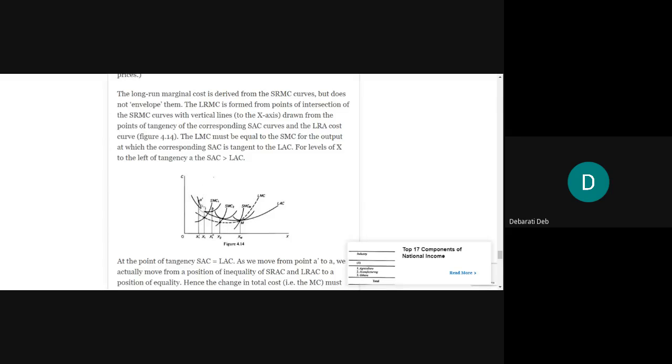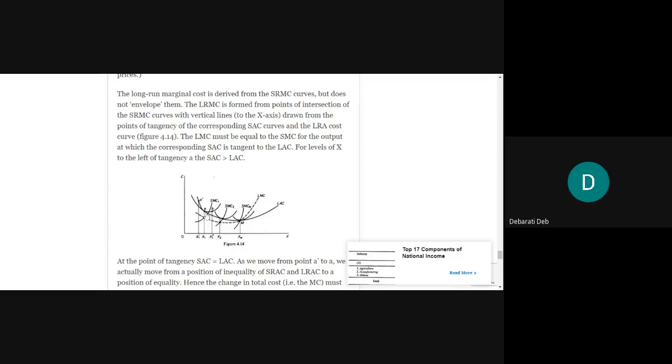So for all levels of output towards the left of this tangency, the short run average cost is more than the long run average cost. At the point of tangency, the short run average cost is equal to the long run average cost.